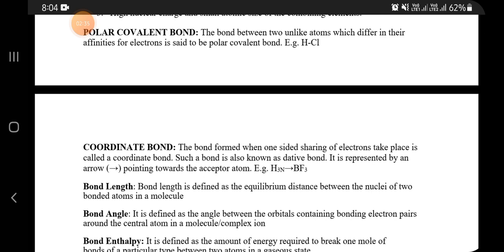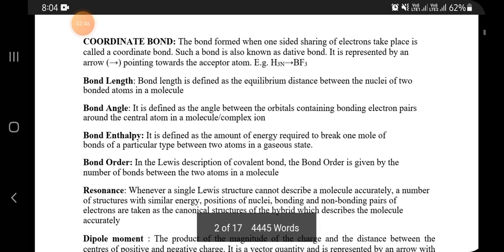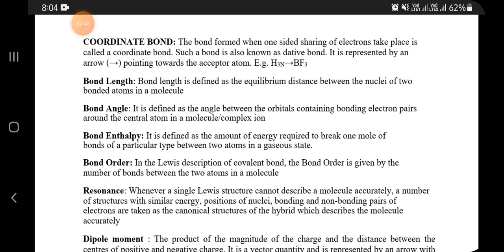Then what is polar covalent bond? The bond between two unlike atoms which differ in their affinities for electrons is said to be polar covalent bond. Then coordinate bond. The bond formed when one-sided sharing of electrons takes place is known as a coordinate bond.